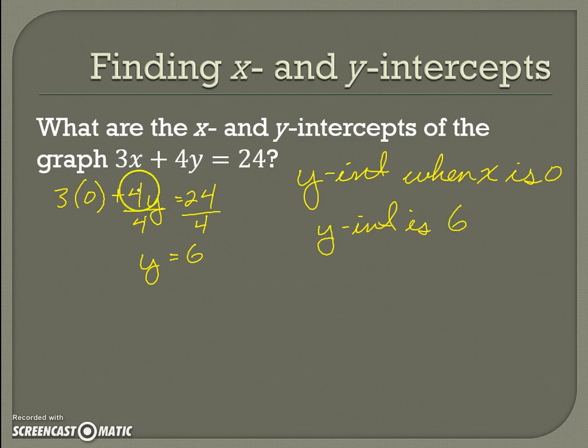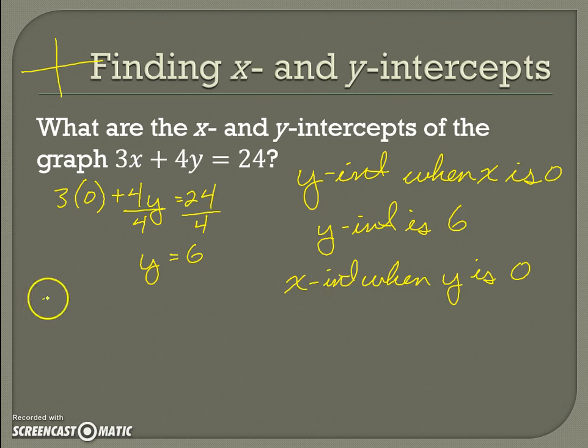And then to find the x-intercept, you do the exact same thing, except if I think of a coordinate plane, the x-intercept, when it crosses this line, is when this value is 0. When y is 0 is the x-intercept. So we'd say the x-intercept is when y is 0.